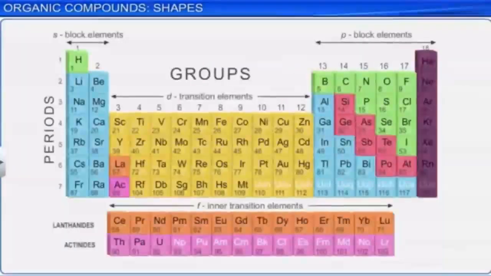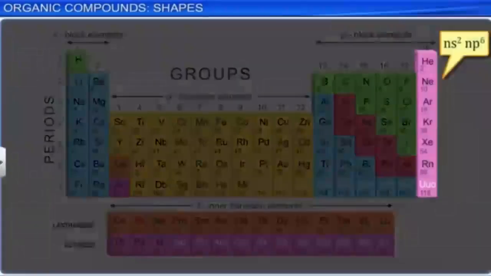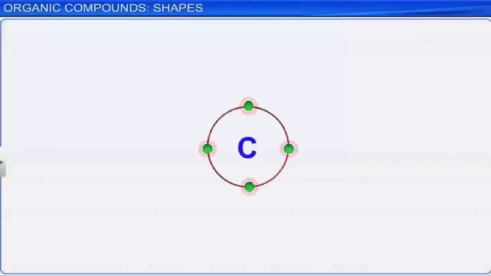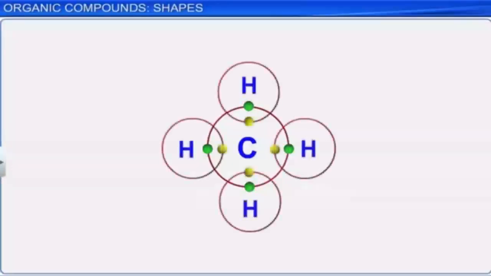All elements tend to complete the octet in their valence shell to become stable. Since carbon has 4 electrons in its valence shell, to complete its octet, the valence electrons of it form 4 covalent bonds with atoms of other elements.